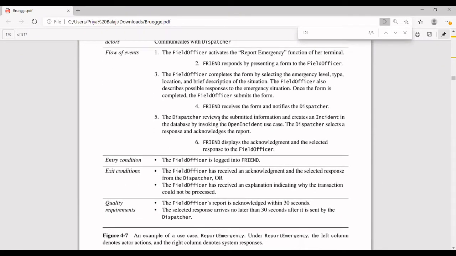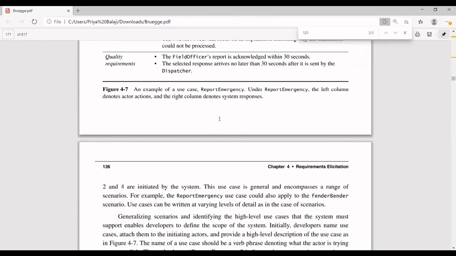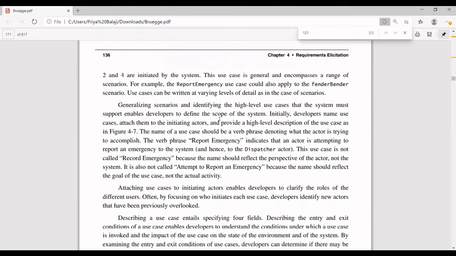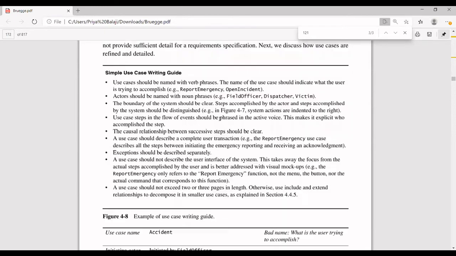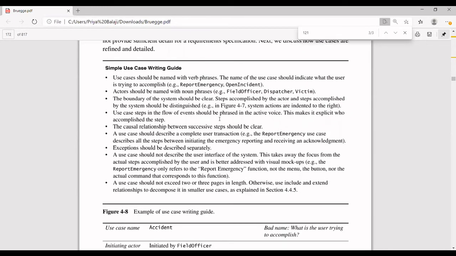Once you have defined the use cases, what are all the rules you have to follow, how the use cases should be. So here they have simply given the rules for use cases. If I'm saying the use case name, instead of report emergency, I'm just saying accident.